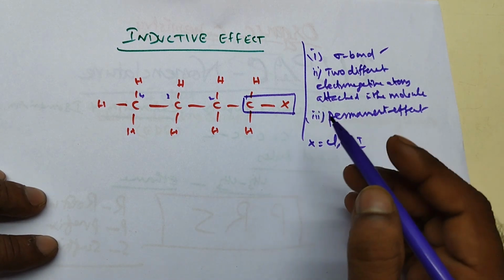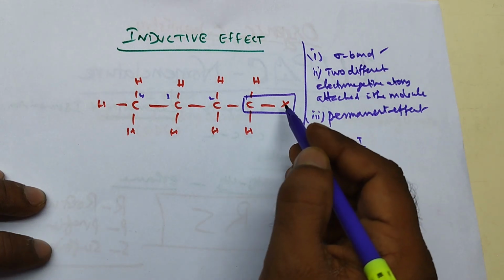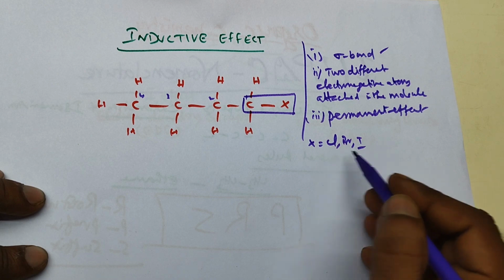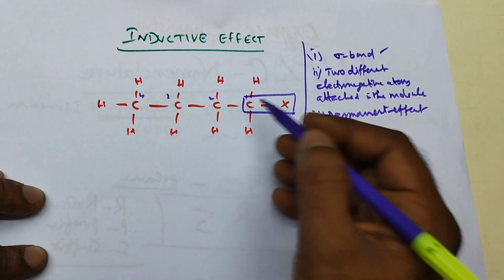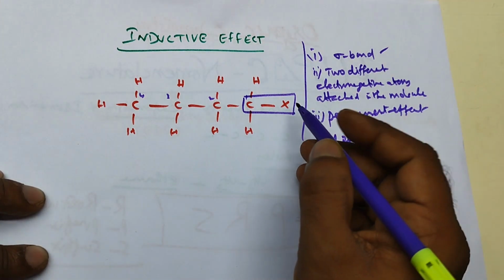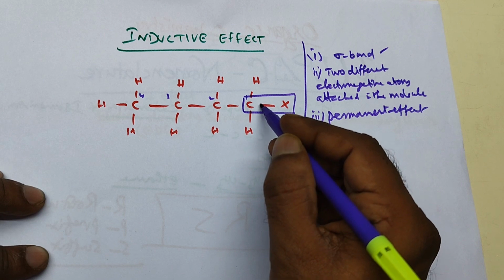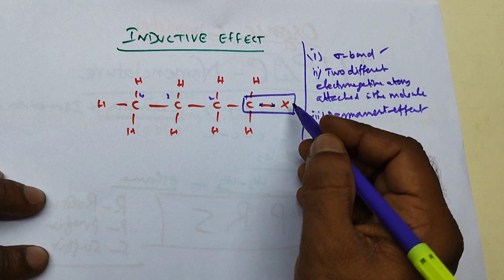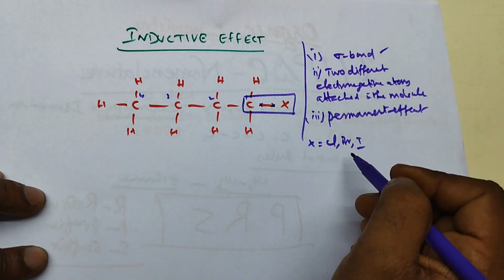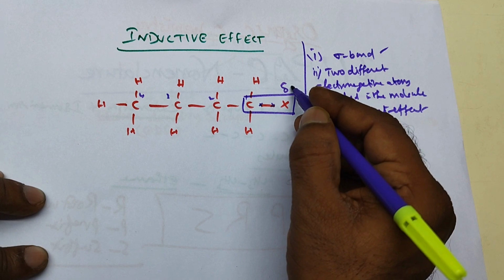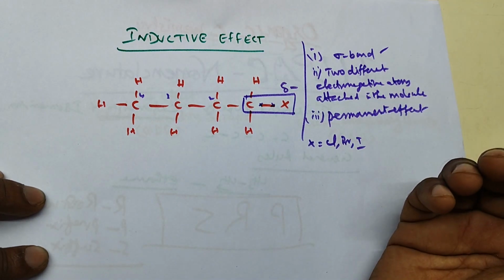So what is that effect? We will explain one by one. When we compare these two atoms, X is the more electronegative atom, because its valence electrons are 7. If it attracts an electron towards itself, it will attain 8 electrons. Therefore this is the more electronegative atom. When these two electrons are attracted by the X atom, X may be Cl or Br or I, it acquires a small negative charge, which we represent as delta minus.